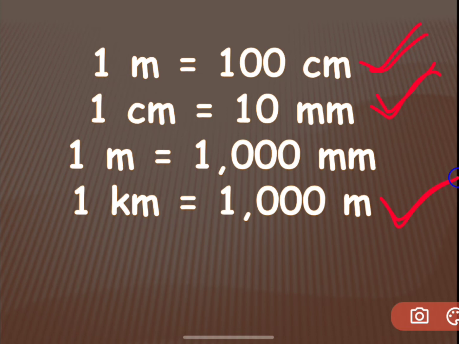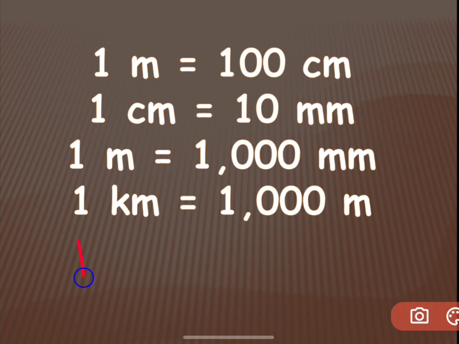Isn't it? So here 1 meter is equal to 1000 millimeters. We have derived from this. So 1 meter is equal to 100 centimeters. This centimeters we have converted into millimeters, which became 1000 millimeters.